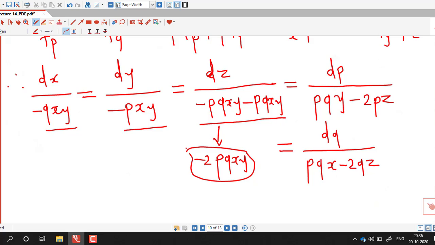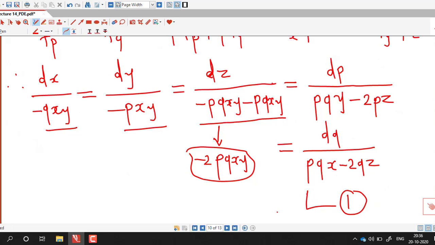Now here also we are not able to compare the fractions directly. You can see if I try to compare these two fractions which contain dx and dp, then other variables are also present. So I cannot compare fractions directly to find out the values of small p and q.